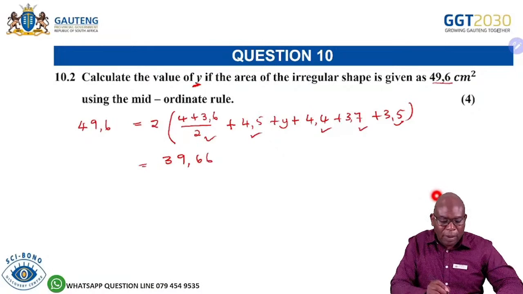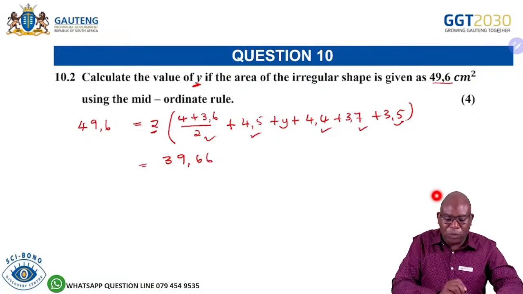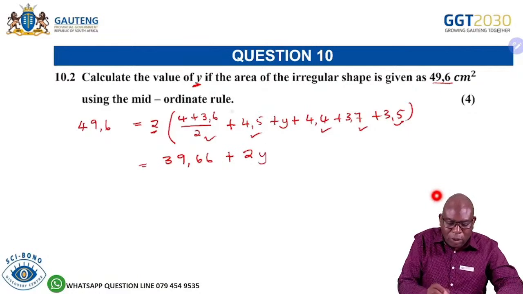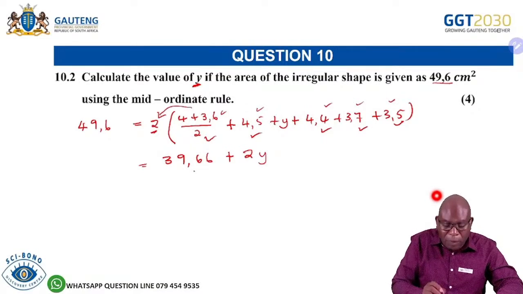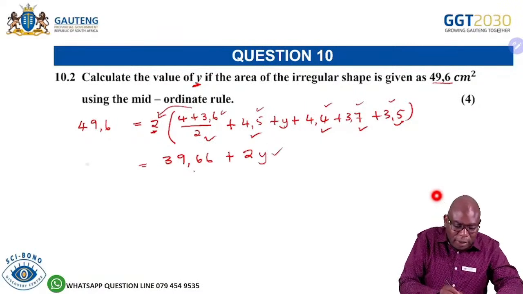And if I add that, I get 39.66 because I've already multiplied by 2. Then plus 2y. So in other words, I've added this, that, and that, and that, and multiplied that by 2. I get that. And then from there, I multiply the 2 by the y, I get 2y. And then the 49.6 is still there.